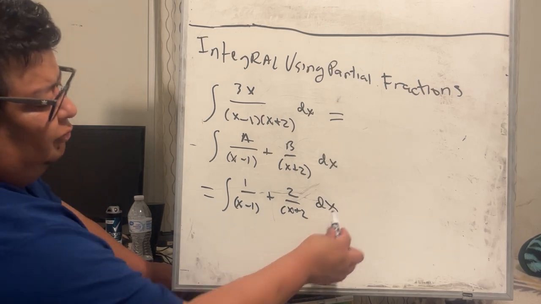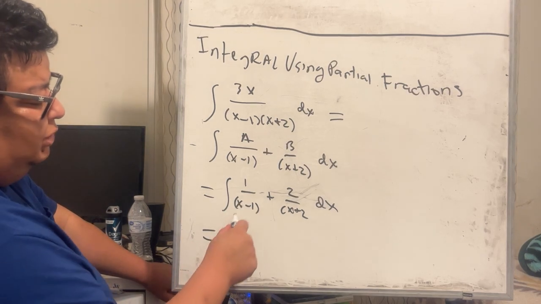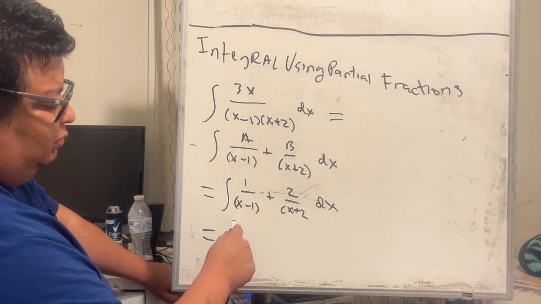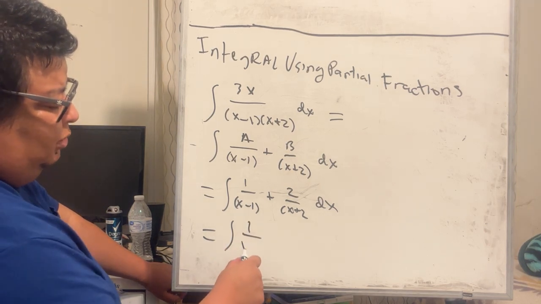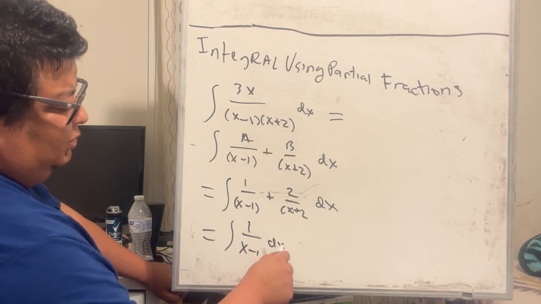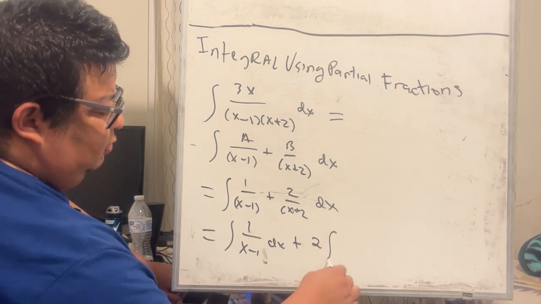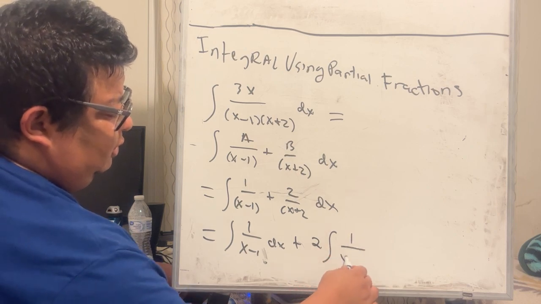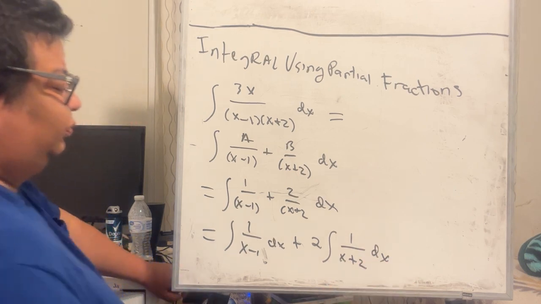And from the rules of integration, we know that we can split this integral into two separate integrals. This will become the integral of 1 over x minus 1 dx plus 2 times the integral of 1 over x plus 2 dx.